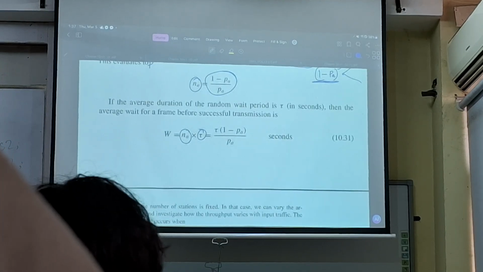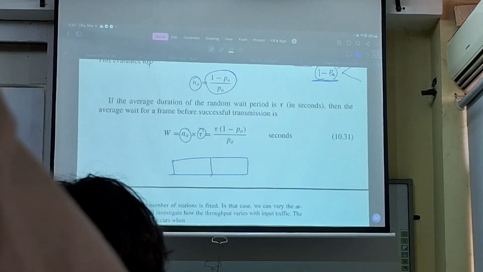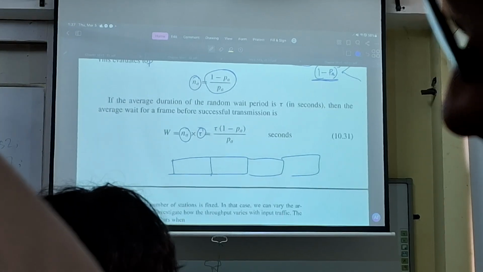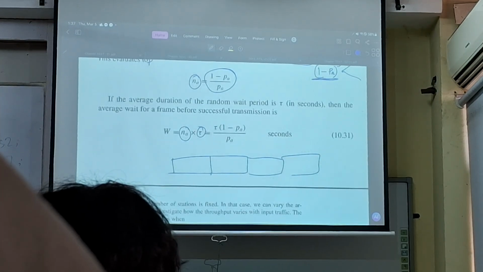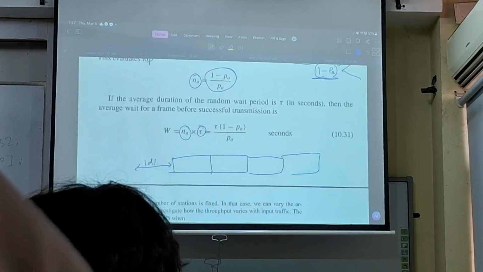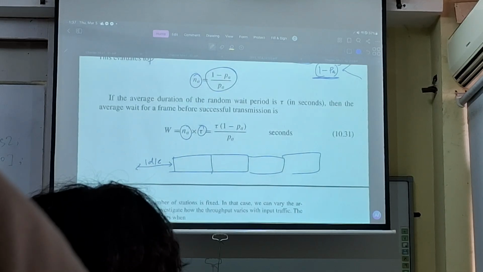Whenever there is a collision, the collision can lead to a length of this one. Even successive collisions could lead to this further. Even due to successive collisions, you might have an idle period.